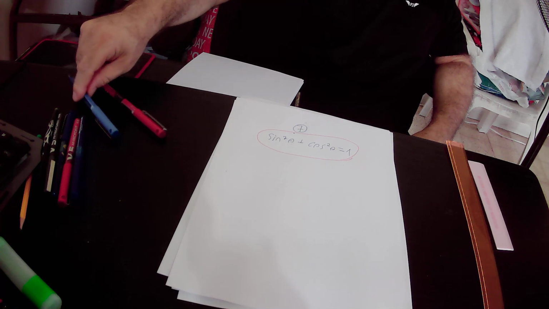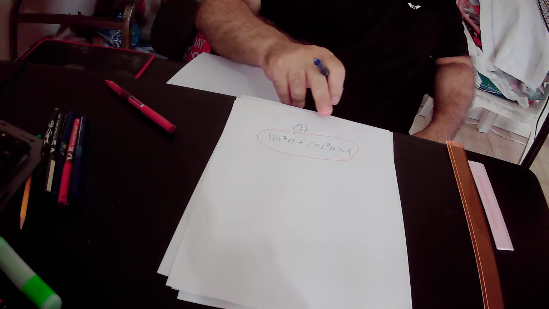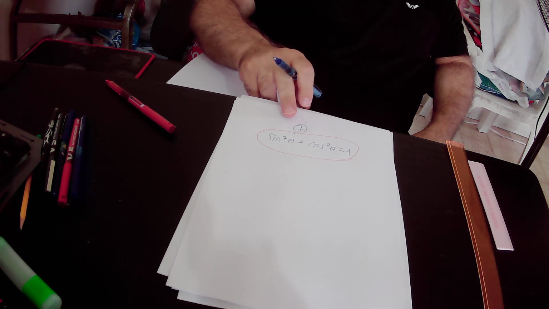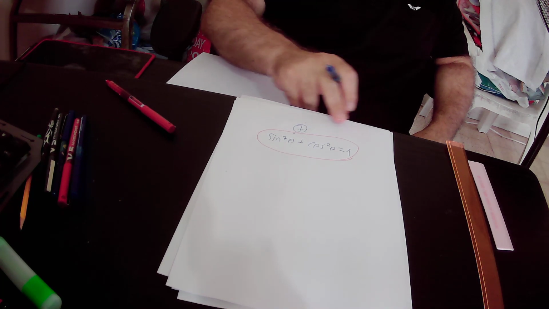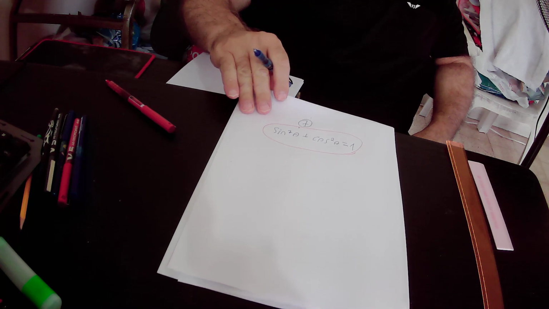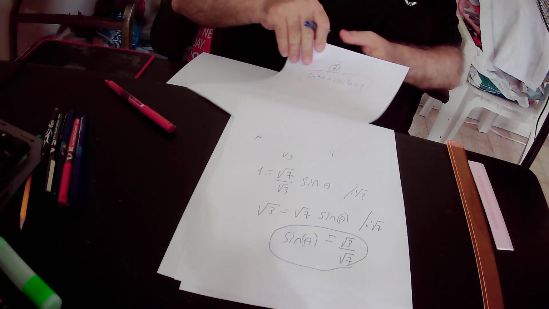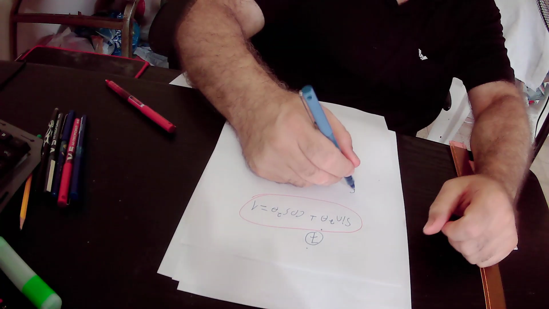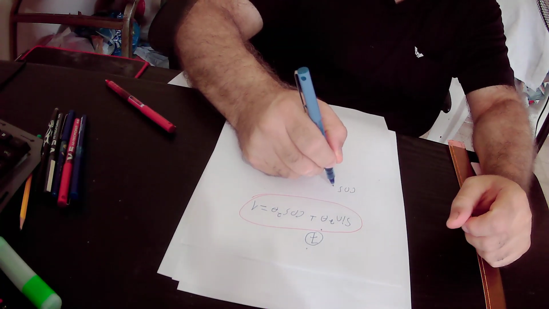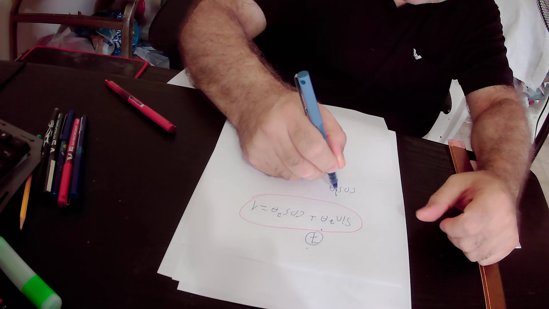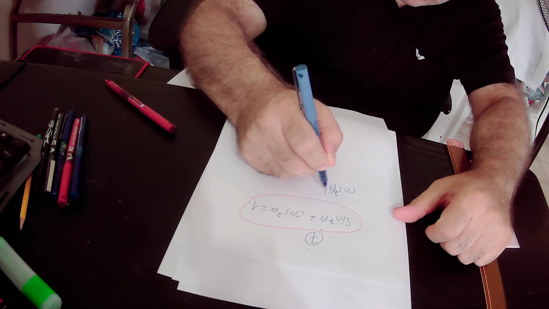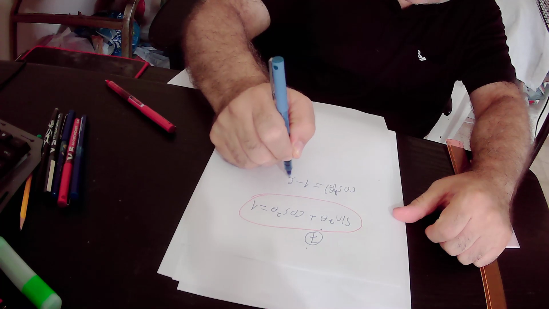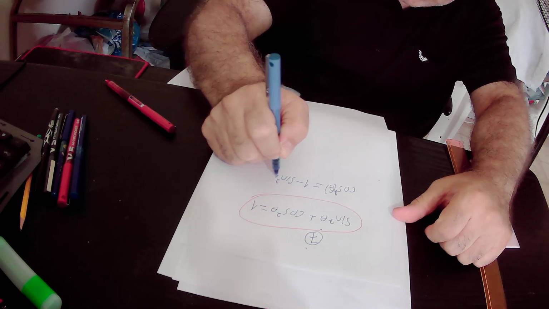Now we will subtract from this identity sinus theta squared from both sides of the equation, and we will get that cosinus theta squared equals to 1 minus sinus theta squared.